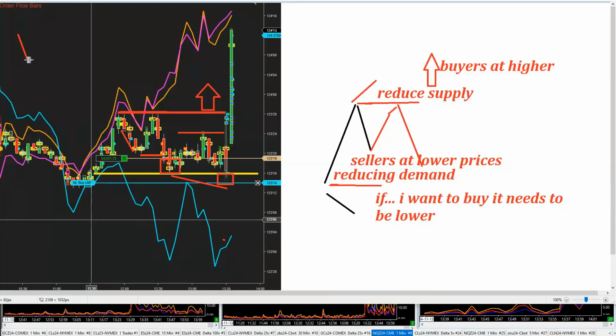Is it not the same storyline discussed from an open interest point of view? Is it not the same storyline? It's just the same storyline, guys. It's nothing different. I don't know why it's so difficult.